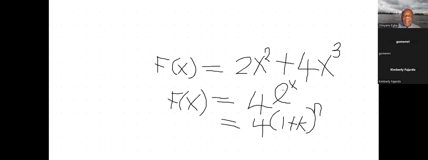This is also an exponential function. So n could be number of years, number of minutes, number of times, and k is a known number. In that case, we'll give you k.